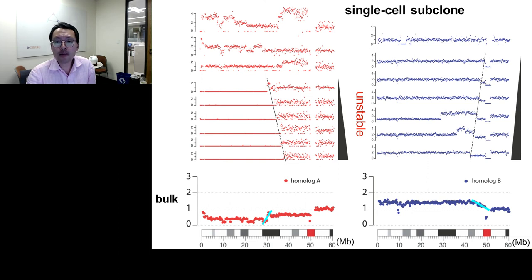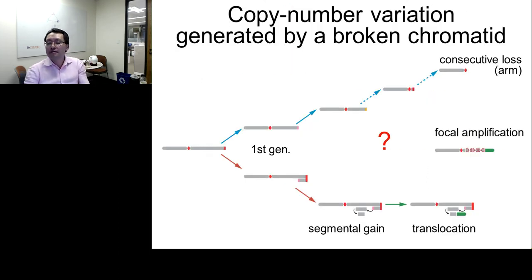So to summarize this part, the outcome of copy number alterations generated by a single broken chromatid: in the first generation, the two daughter cells show this reciprocal terminal loss and gain. Now, the loss can persist into many generations, eventually terminating at the centromere. This could lead to arm level loss.